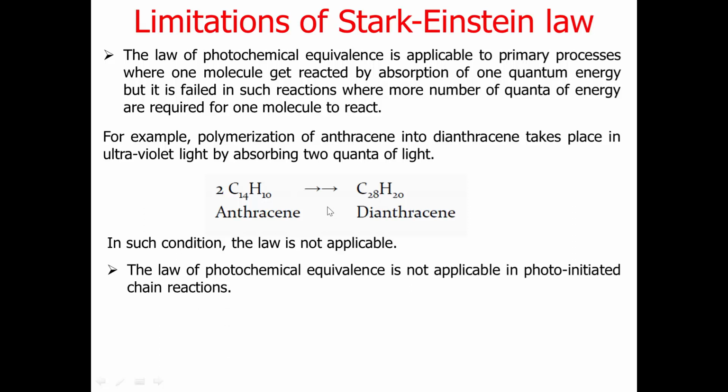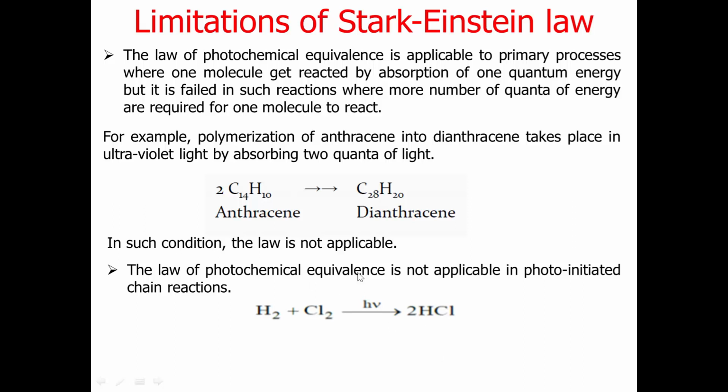Another case where the law of photochemical equivalence is not applicable is the photo-initiated chain reaction. For example, hydrogen and chlorine gas in the presence of sunlight produce HCl molecules.